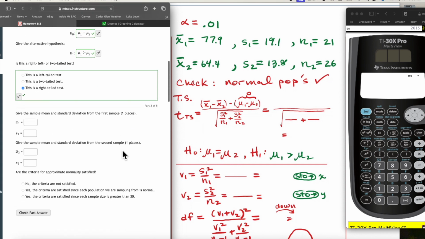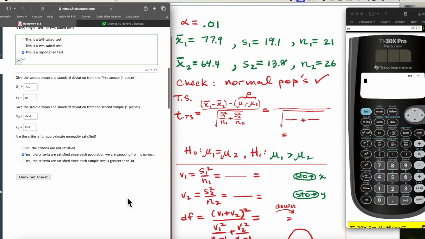Okay, now the statistics we've already got up above here, and again it's one place after the decimal. So 77.9, standard deviation 19.1, second sample 64.4, standard deviation 13.8, and yes, the criteria is satisfied because the populations are normal, it said, so we're okay there.